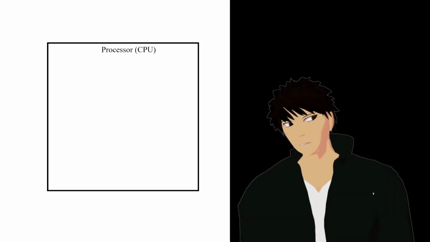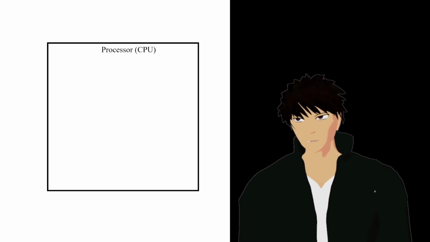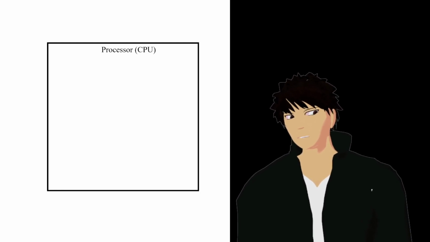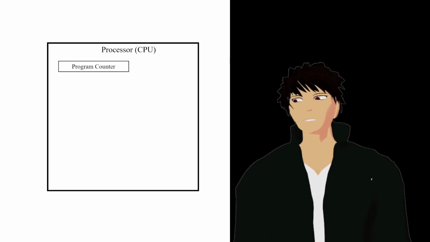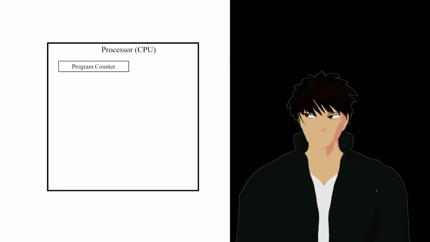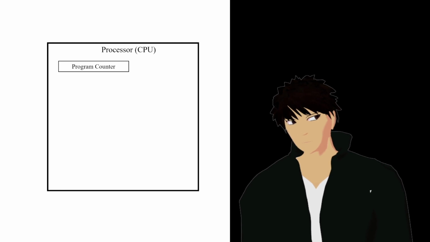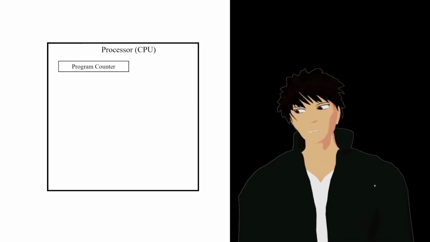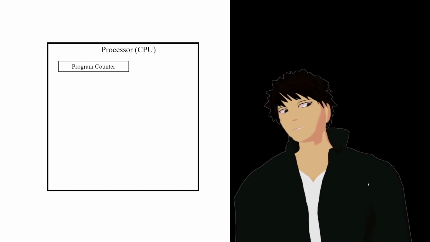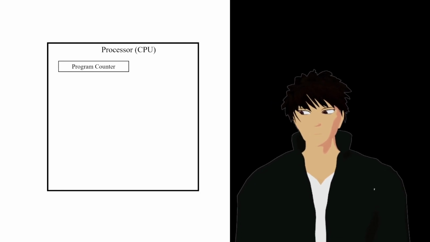Well, the CPU has an internal register that always holds the location, the memory address, of the next instruction. This is the program counter. It's reset to 0, assumed to be the start of the program, and usually just increments to the next value, but more on that in a second.